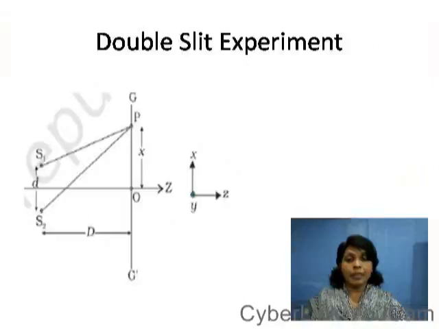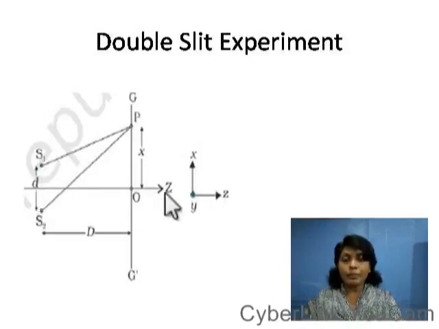This is the experimental setup, the diagrammatic representation of the setup, for which you have source 1 kept here, source 2 kept here, separated from each other by a very small distance d. Practically the small distance could be less than 1/10 of a millimeter for clear, distinct fringes.